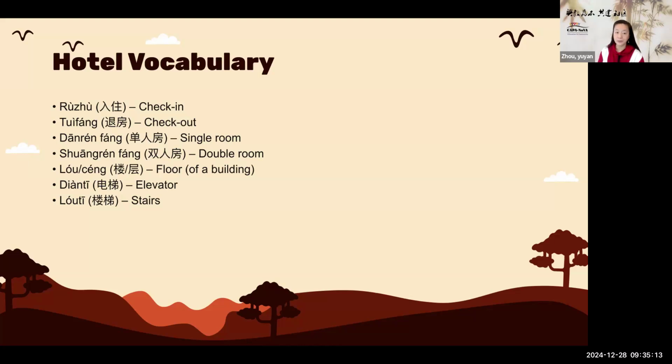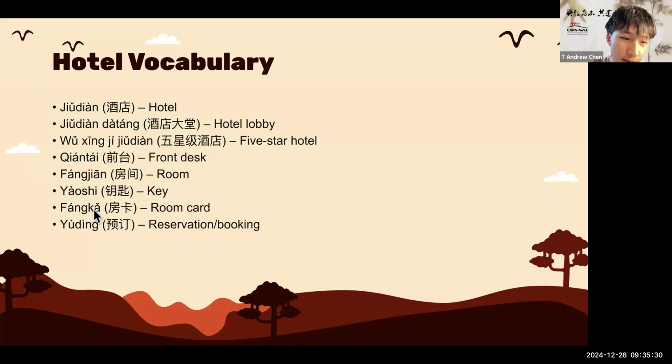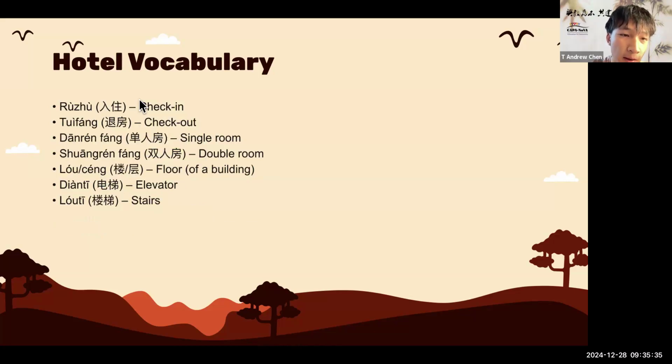All right, continue. Single room, 单人房. So 房 is the same as 房间. Remember, 房间 is room, right? The same 房. So when we say single room, 单 means one, 人 means person, and 房 is a room.